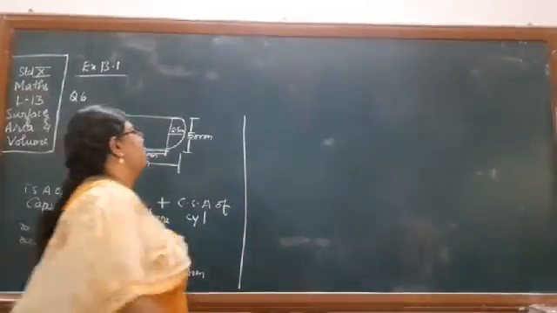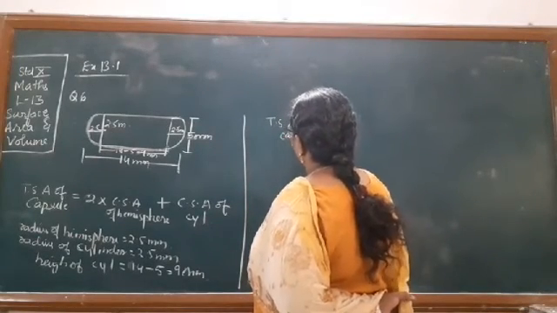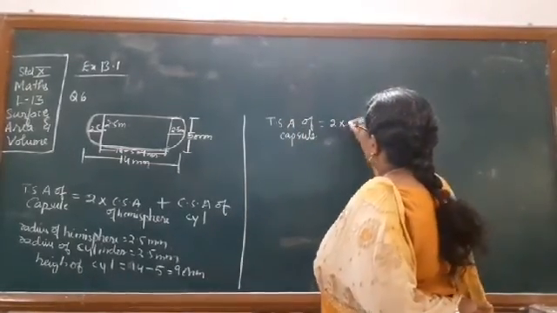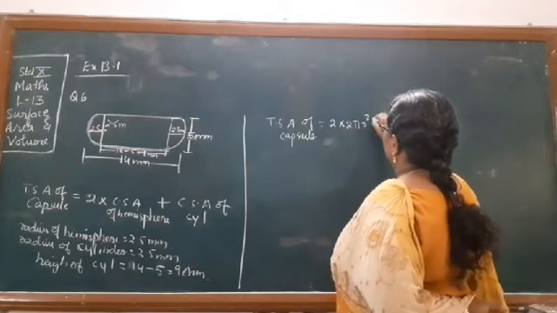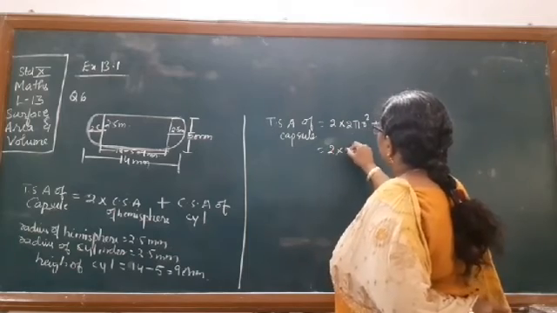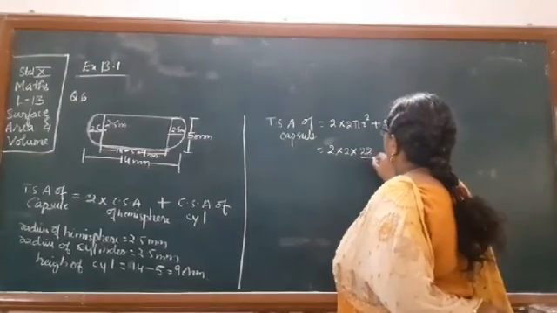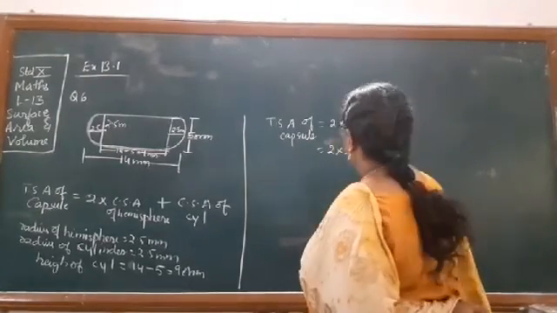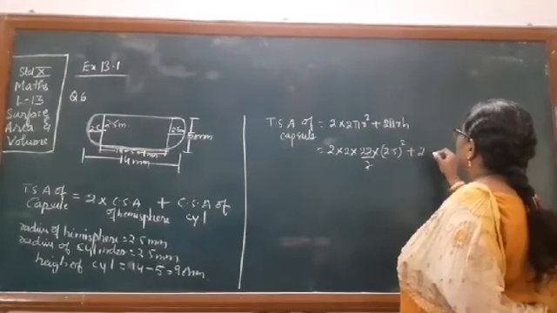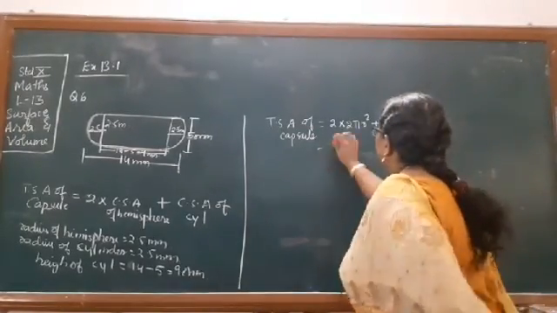So I can write total surface area of capsule will be 2 into 2 pi R square plus 2 pi R H. 2 into 2 pi, we will take it as 22 by 7, into R of hemisphere 2.5 the whole square plus 2, or we can take this as common part, that will be easier for us to solve.